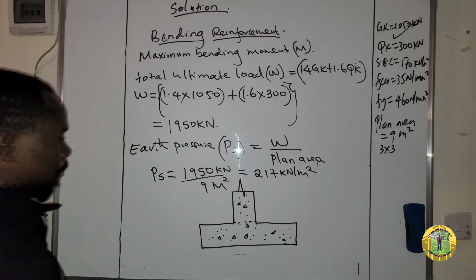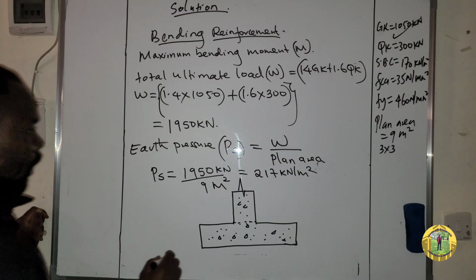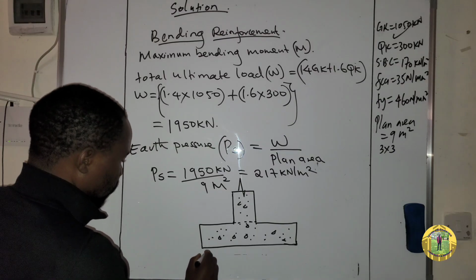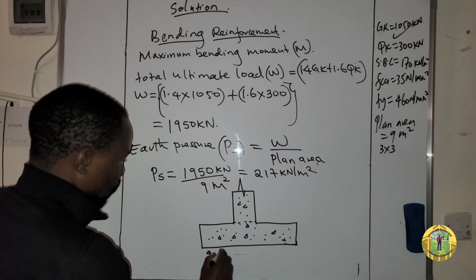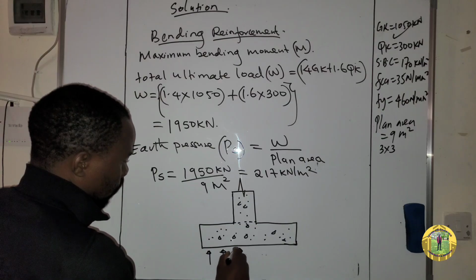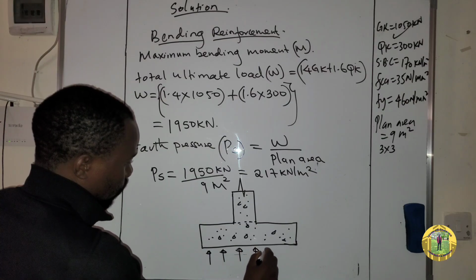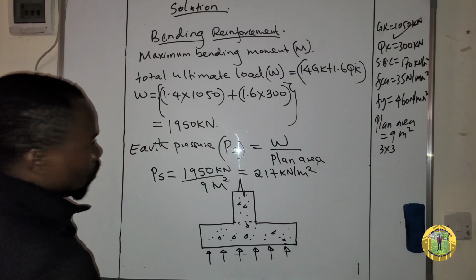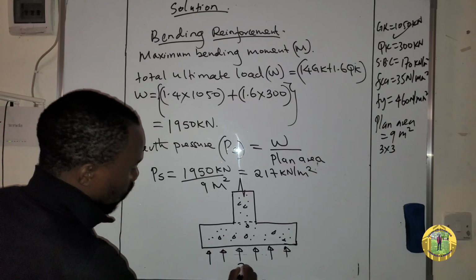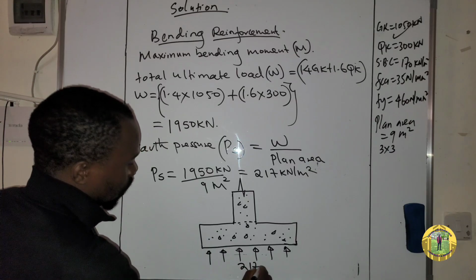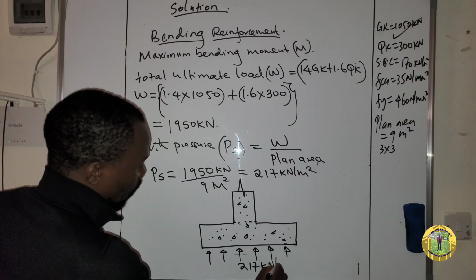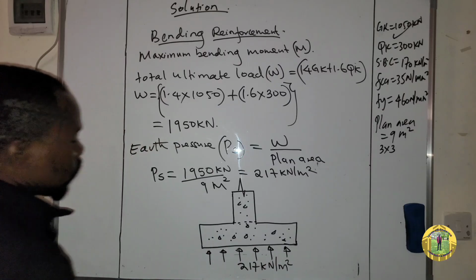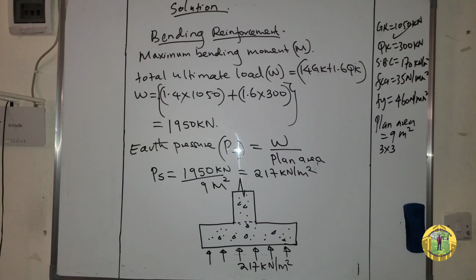And this is the column. So the ground pressure is equal to 217 kilonewton per meter square. So this is the ground pressure.